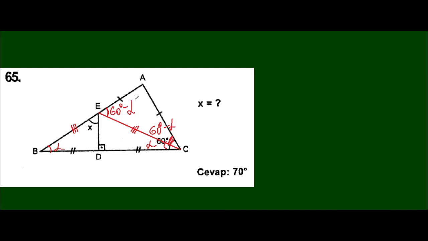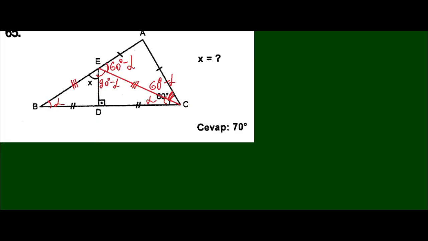Here we know also that this angle will be 90 degrees minus alpha. Here we can sum up these three angles. And we know also that x is equal to 90 degrees minus alpha.